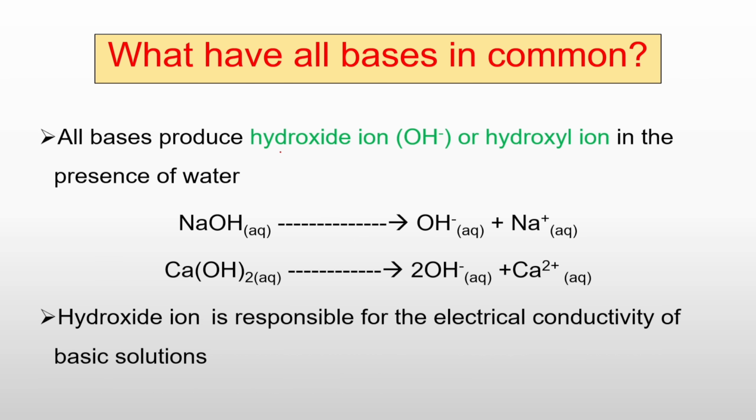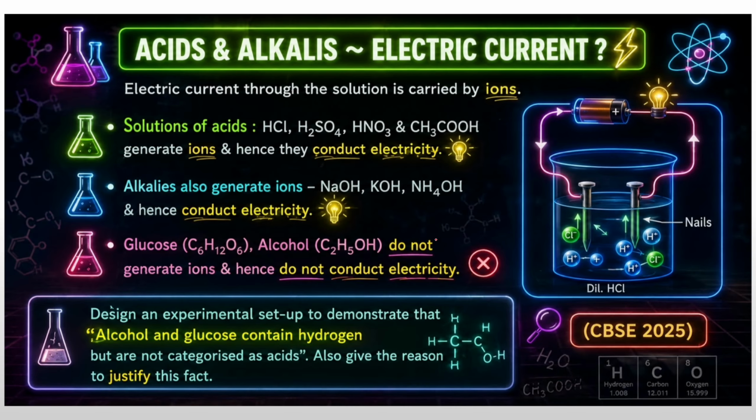What all bases have in common is the OH minus ion, hydroxide ion or hydroxyl ion. So we know NaOH, Ca(OH)2, Mg(OH)2, and so many others. What they have in common is the hydroxide ion. It is responsible for all the chemical reactions and electrical conductivity.